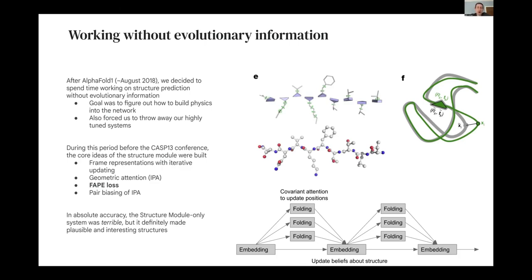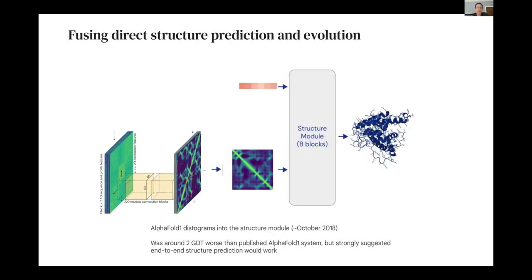I mean, almost one, maybe 2 GDT worse than what we had in CASP-13. So pretty immediately, in a system that is basically run the CASP-13 distogram network and jam that into what we would later call the structure module and run the iterative refinement, use FAPE loss, by about October.